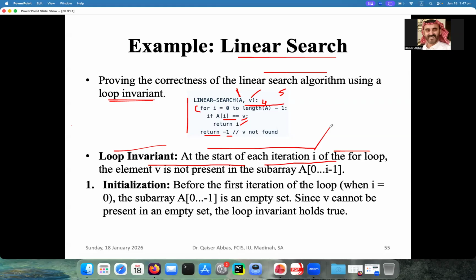That's why we are going for the ith iteration. This is the meaning of this statement.